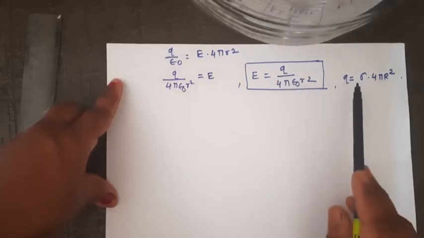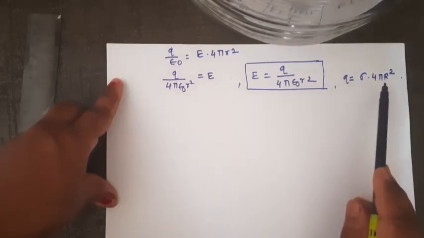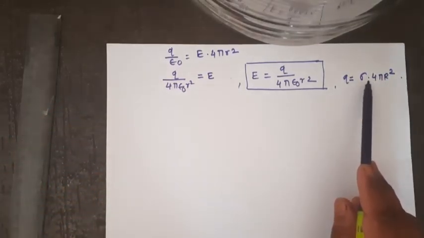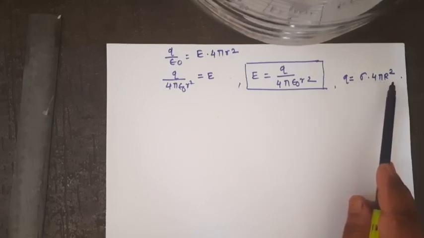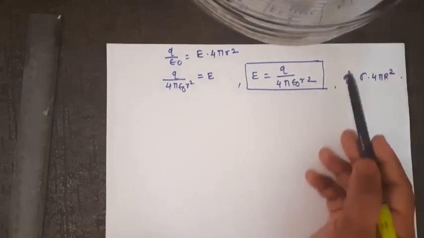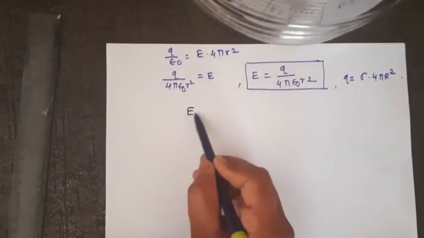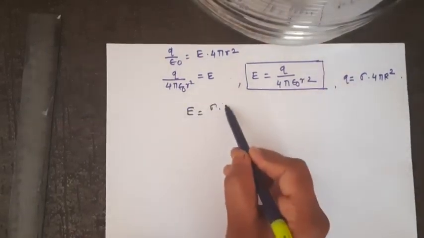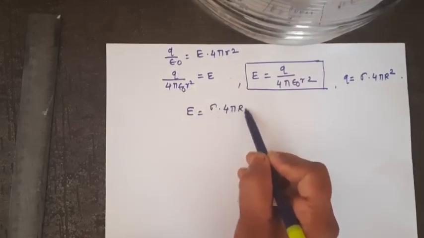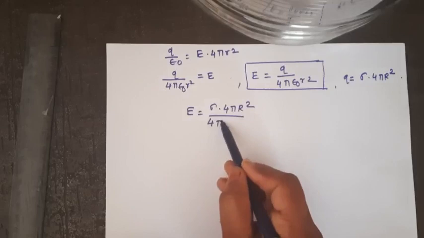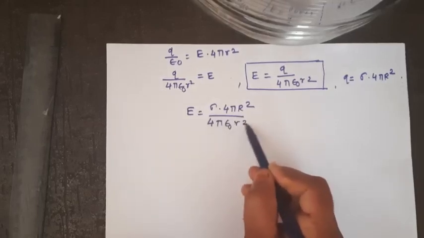But in the beginning we considered the charge on the sphere, which gives sigma into 4 pi r square. Substituting this value in this equation, Q is sigma 4 pi r square upon the denominator 4 pi epsilon 0 r square.